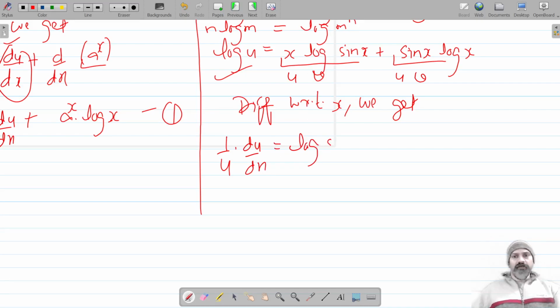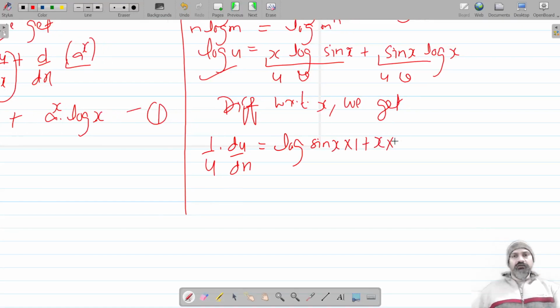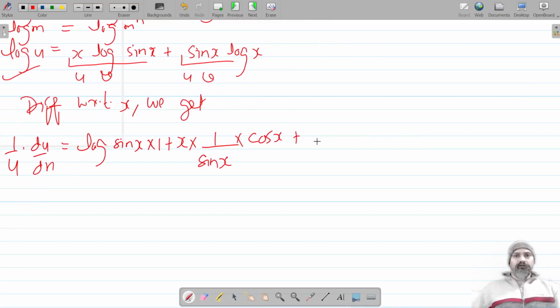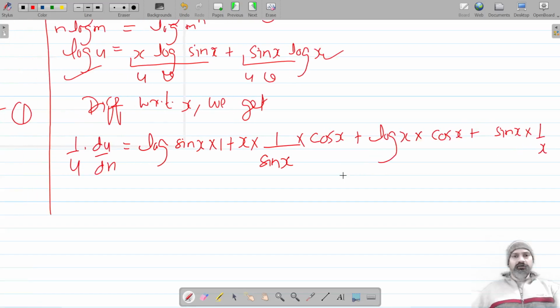So this is v into differentiation of x, which is 1, plus x into differentiation of v, which is 1 by sine x, and differentiation of sine x is cos x. Similarly, here use the product rule for this one. So this is log x into differentiation of sine, which is cos x, plus sine x into differentiation of log x, which is 1 by x.